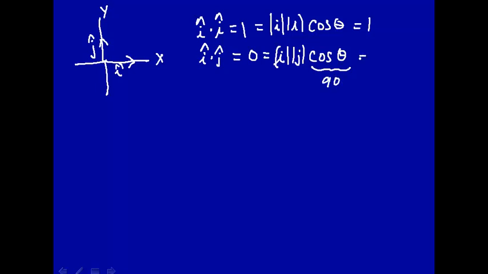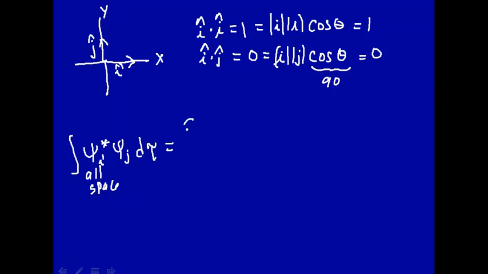Cosine of 90 is 0, so this is equal to 0. So these form an orthonormal basis set for the two-dimensional Cartesian plane. Then when we talked about orthonormal basis sets for quantum mechanics and wave functions, we defined the inner product as psi i star psi j, and we integrated this over all space.